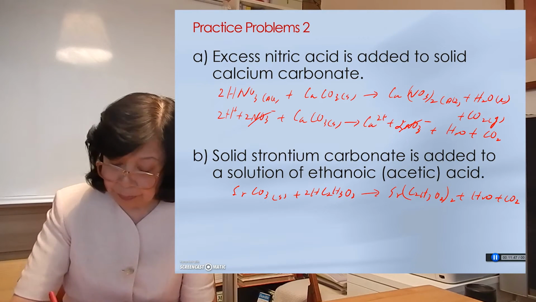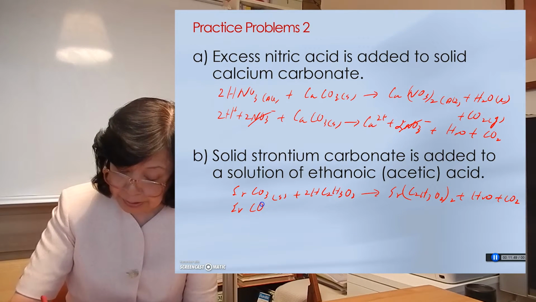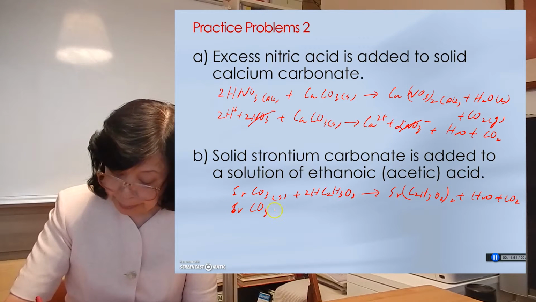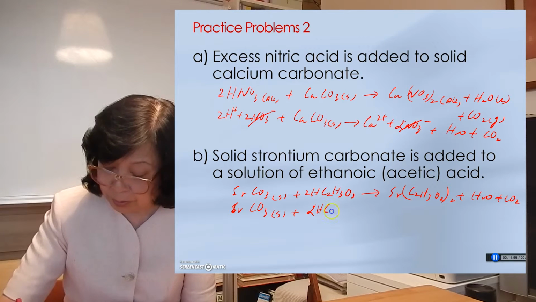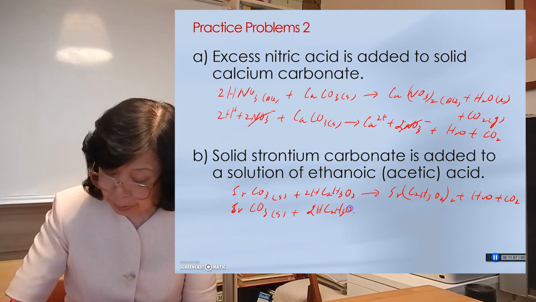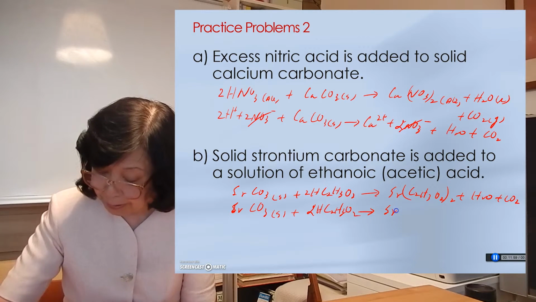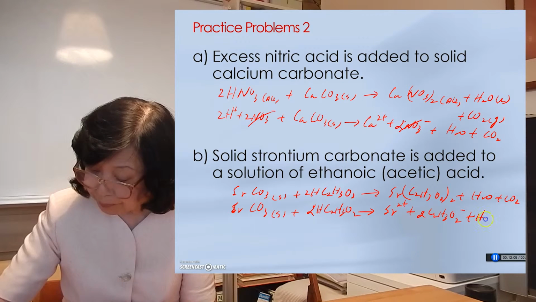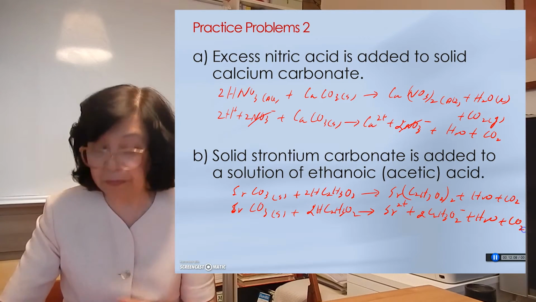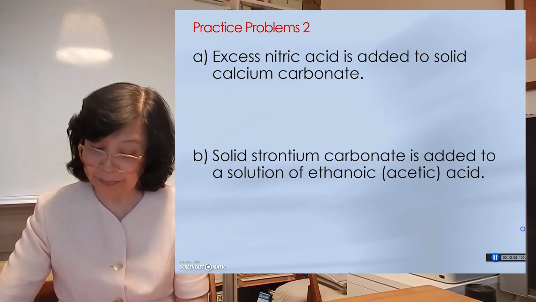So for the net ionic, you cannot dissociate the strontium carbonate. You also don't dissociate the weak acid, but you do dissociate the soluble compound, the strontium ion and the acetate ion, and water and CO2. Nothing to cancel out. That's net ionic. Next one.